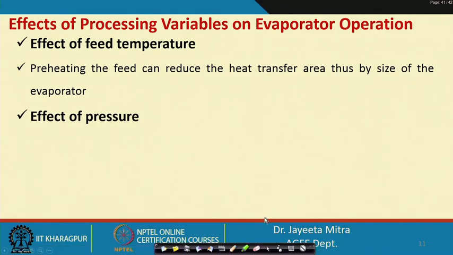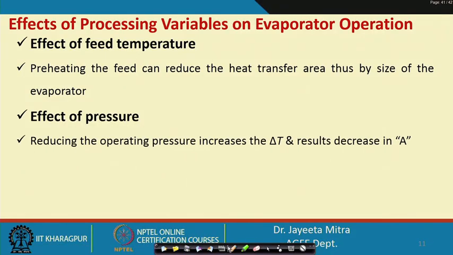Now, if the pressure is changed, the saturation temperature or boiling temperature will also change. So, reducing the operating pressure increases the delta T.